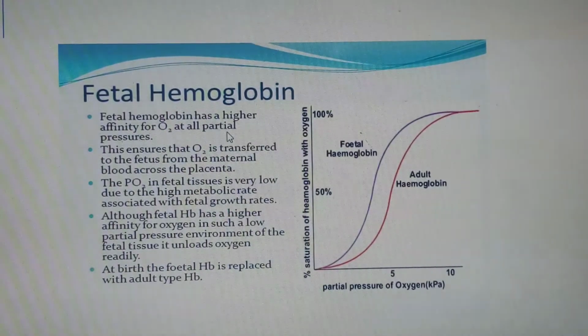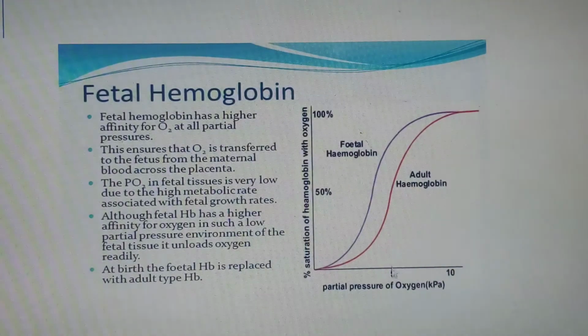Irrespective of the partial pressure of oxygen, the concentration of oxygen present, fetal hemoglobin will always win when competing with adult hemoglobin, and therefore take up the oxygen. So for instance, let's say the percentage saturation of hemoglobin with oxygen, for both the fetal and the adult, at 5 kilopascals partial pressure of oxygen: if I trace it this way, that of the adult reaches somewhere here.